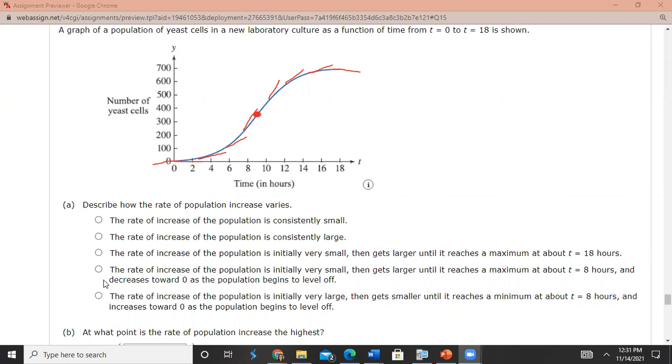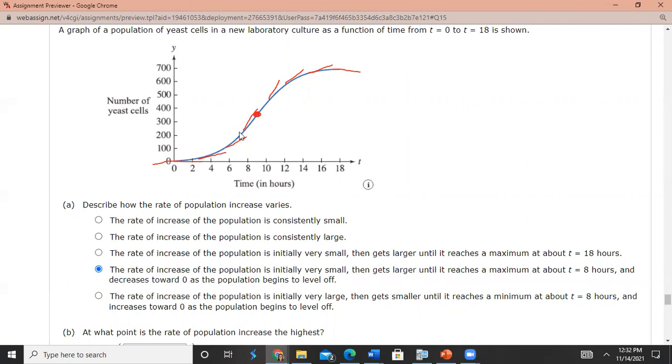We can read the last one just to make sure: the rate of increase of the population is initially very large. Not really. It starts out pretty small, then gets smaller until it reaches a minimum at about 8 hours, and then increases towards 0. No. Hopefully that makes sense of why I selected that.